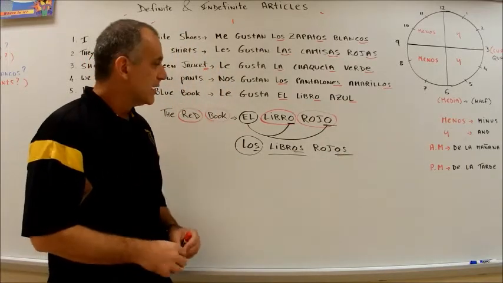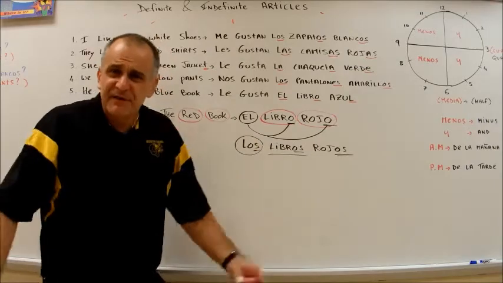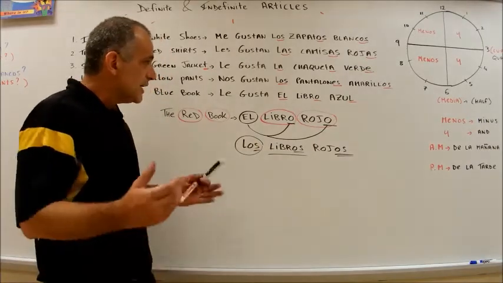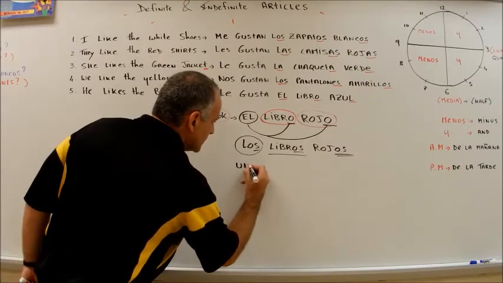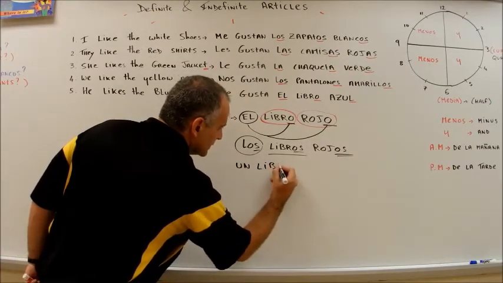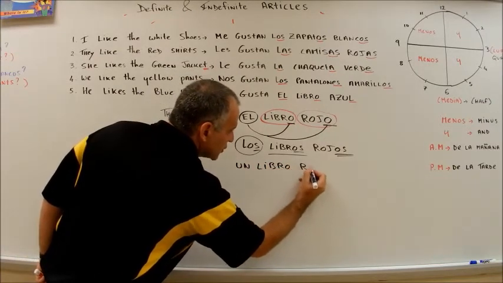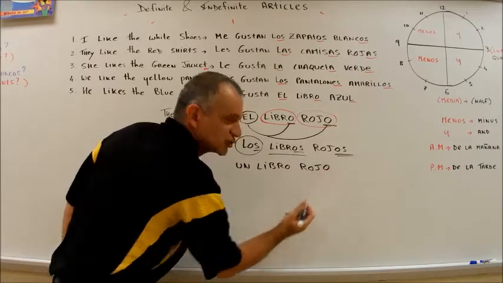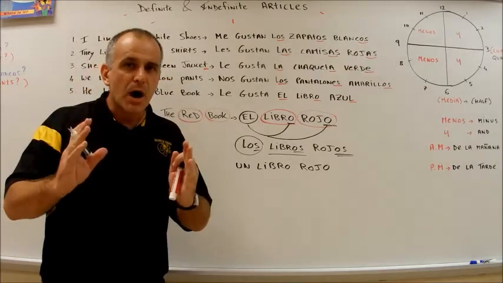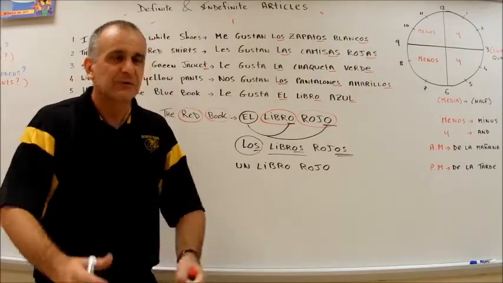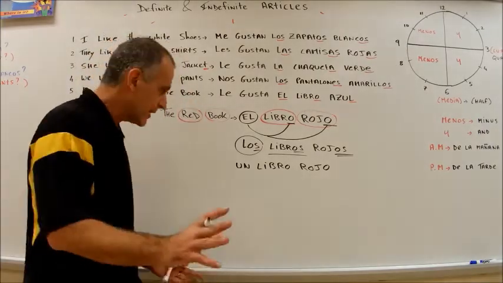You understand me? And you do the same thing with the indefinite article. You want to say a red book is going to be un libro rojo. So, what you must do here, you must sit down in the chair and remember how to say the in Spanish, how to say a and some, okay?